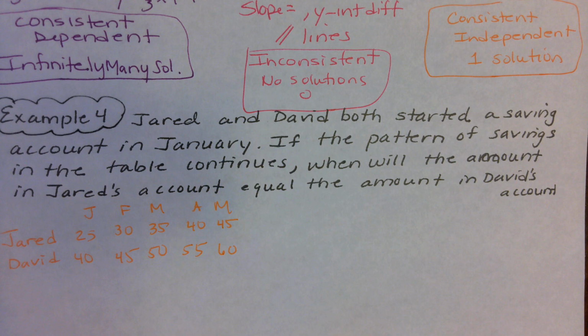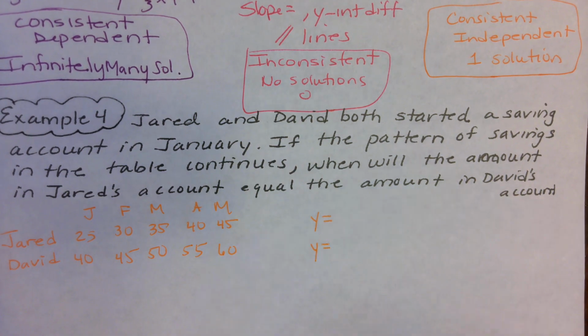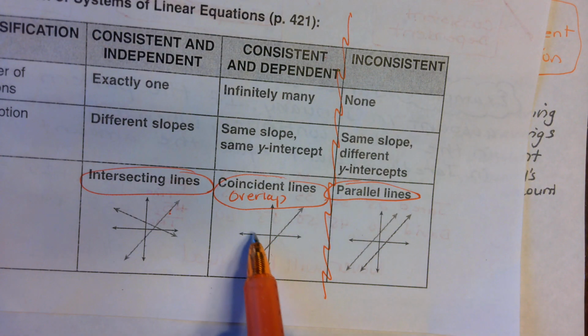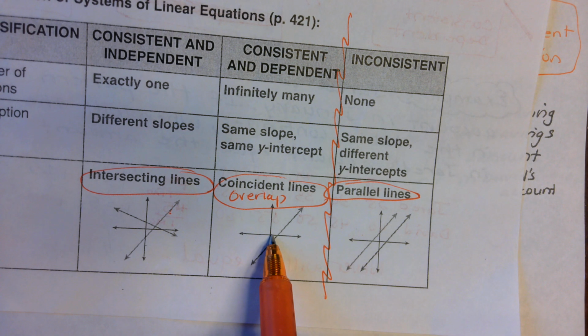Well, let's take a look here. Can we get an equation for these? Can we get an equation for Jared and an equation for David? I bet we can. Because remember, the intercept, that's where you're starting. That's the 0 on a graph. So the y-intercept is like, if you're thinking of the number of months, you're starting at 0 here.